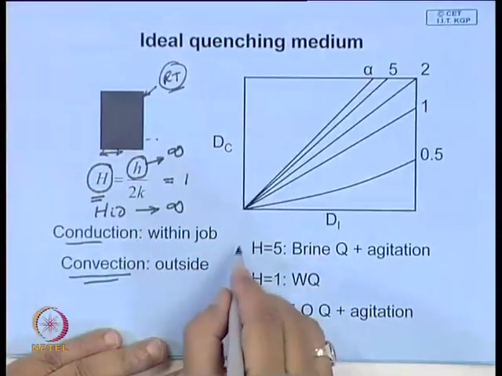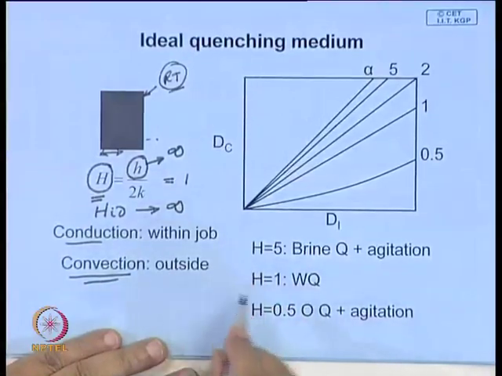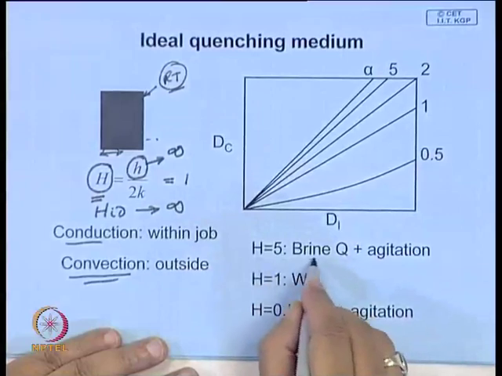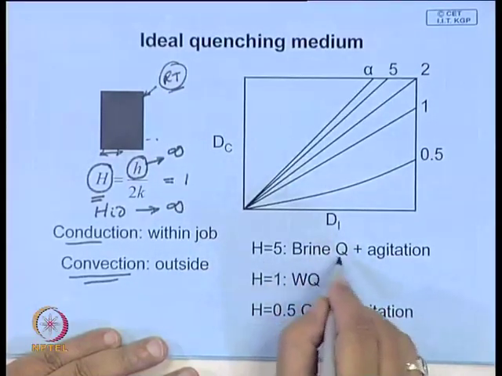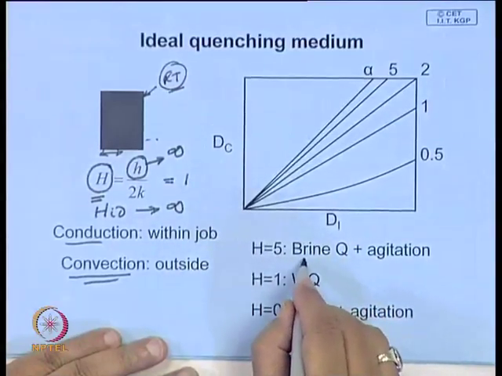People have done actual experimental measurements to find out values. For a brine quench, if you put some salt in water, the quenching rate becomes much faster.